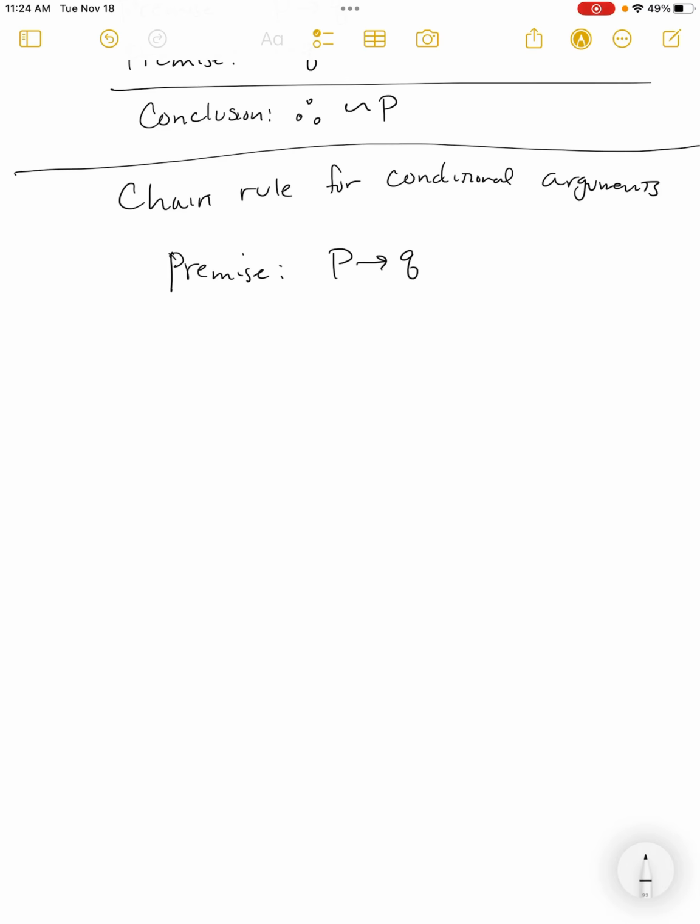So the first premise is very similar, that P implies Q. The second premise that we assume is true is that Q implies R. And so the logical conclusion would be, therefore, well, if P goes to Q and Q goes to R, then P will go to R, right?